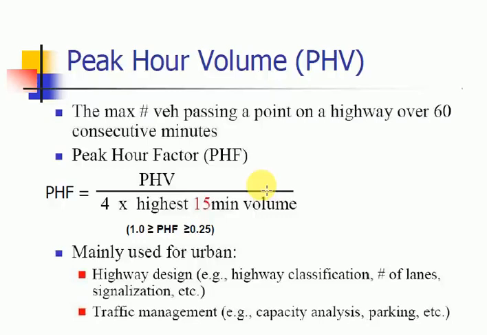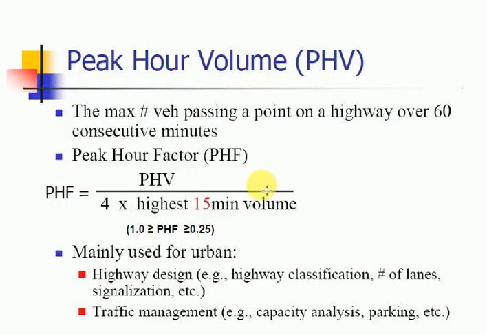Suppose in my initial time, that is 4 to 4:15, I have a number of vehicles, say 2000. Then 4:15 to 4:30 I have 4000. 4:30 to 4:45 I have suppose 3000, and 4:45 to 5 I have vehicle data of around 2800. So on an average, what is my total count of the vehicles in that 1 hour duration?